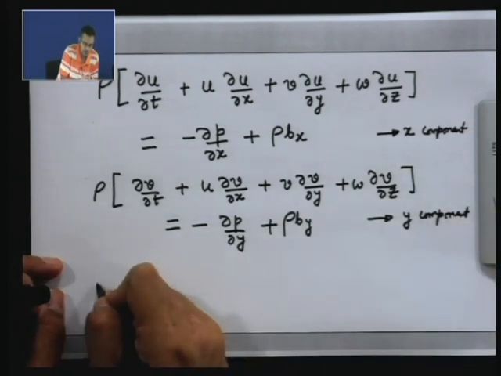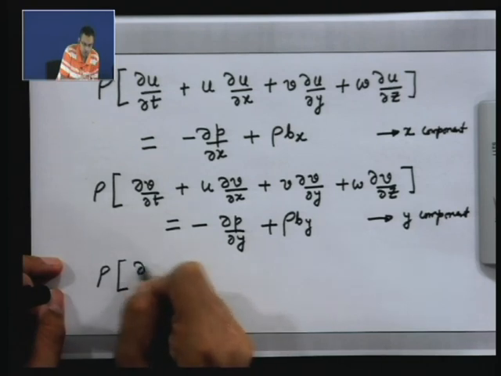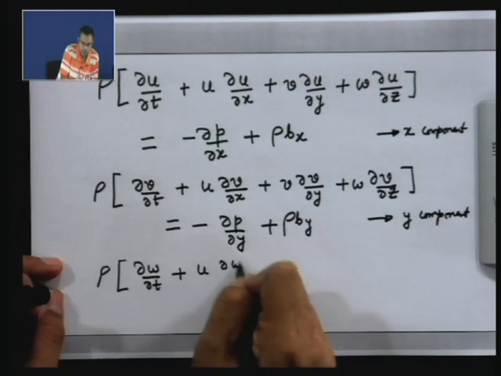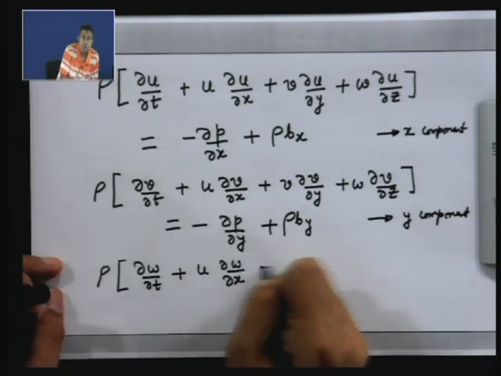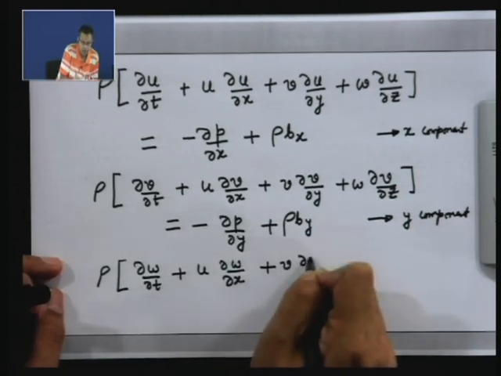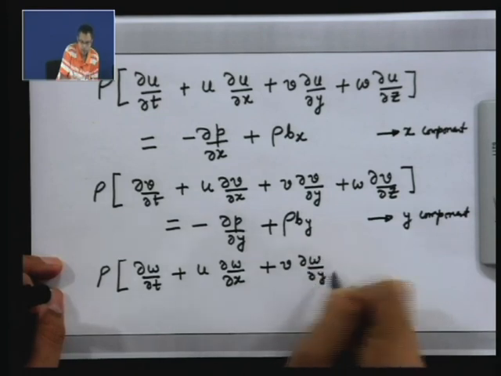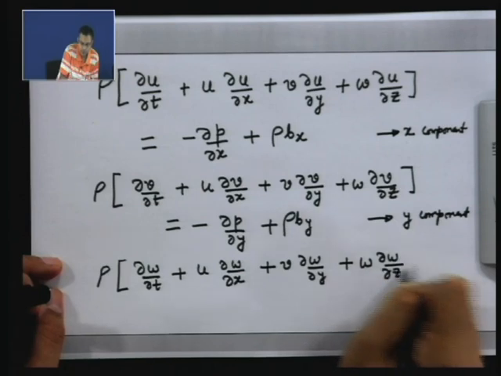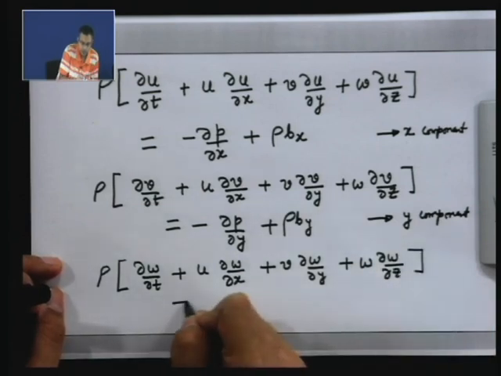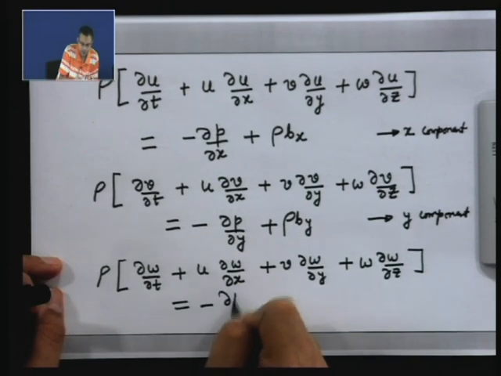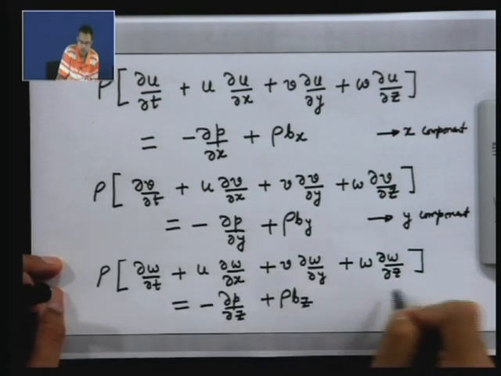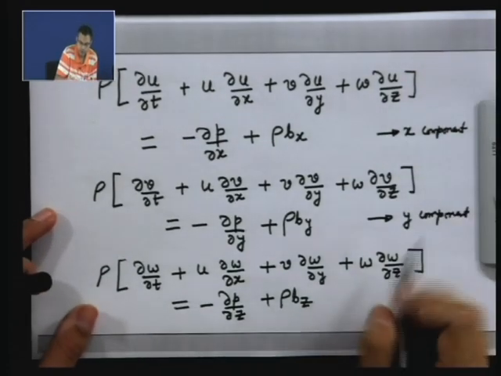Similarly, z component rho, del w del t plus u del w del x plus v del w del y plus w del w del z is equal to minus del p del z plus rho bz. This is z component.